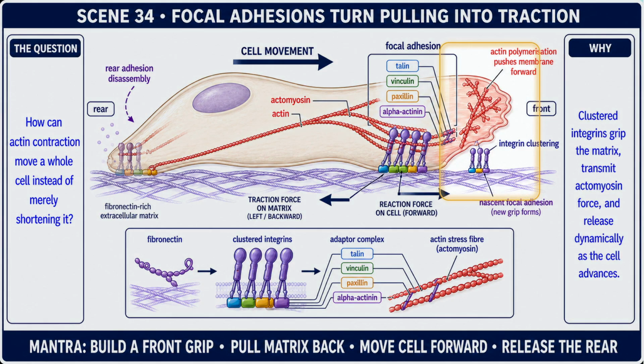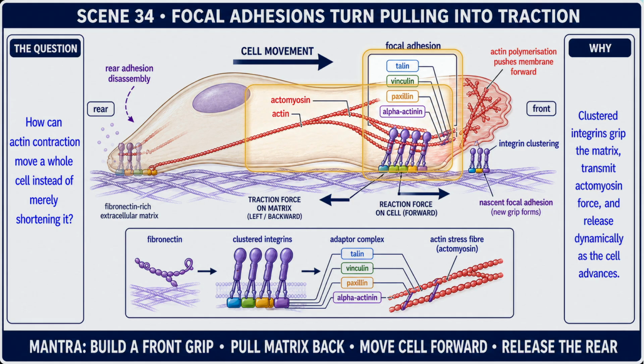Now, let that bridge do mechanical work. At the front of a moving cell, actin polymerization pushes the membrane forward. New integrins bind fibronectin and begin to cluster, forming a nascent focal adhesion. As talin, vinculin, paxillin, alpha-actinin, and other proteins assemble, the adhesion links those integrins to the actin system.